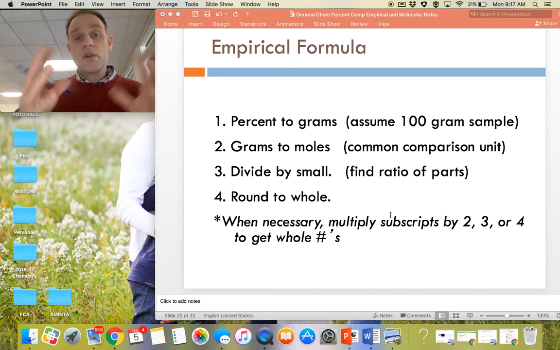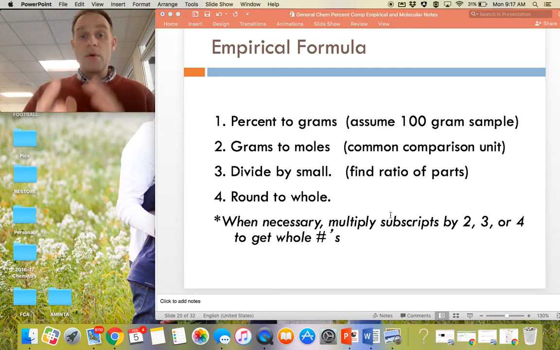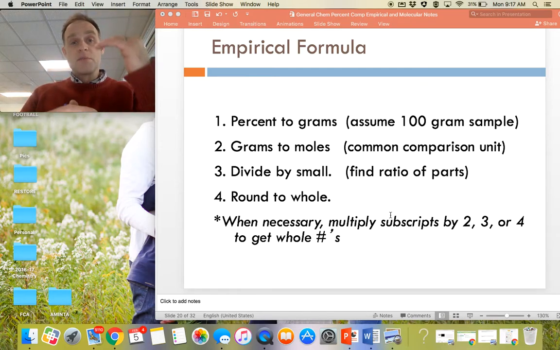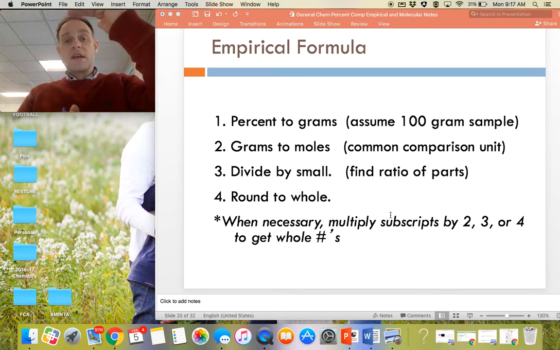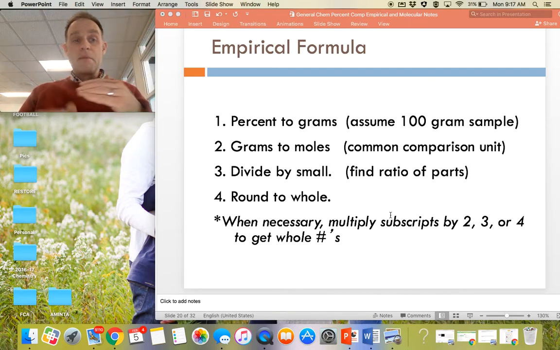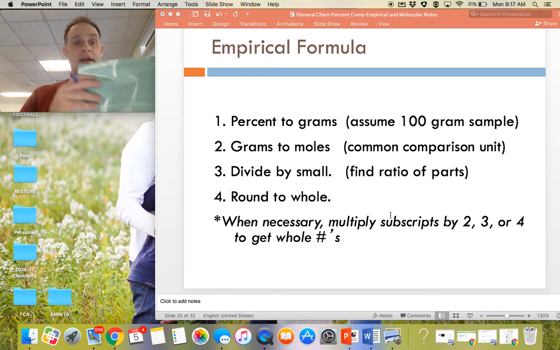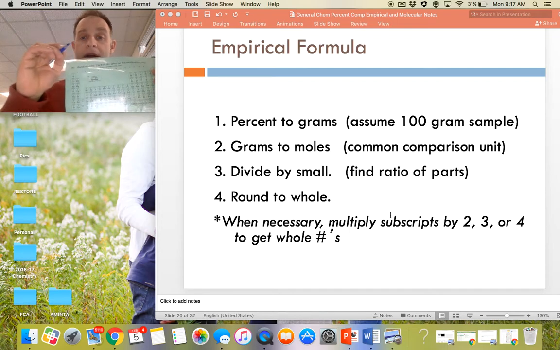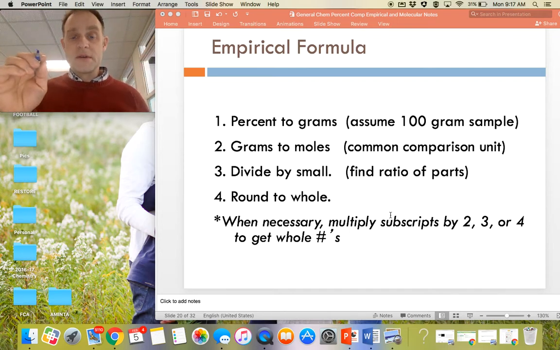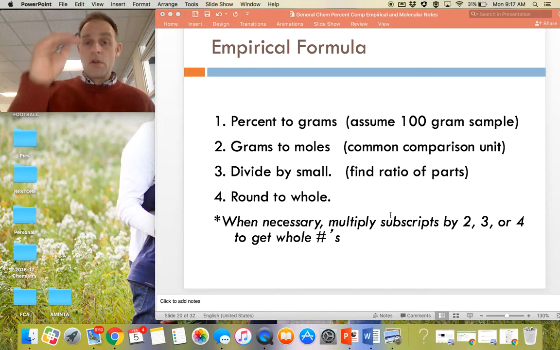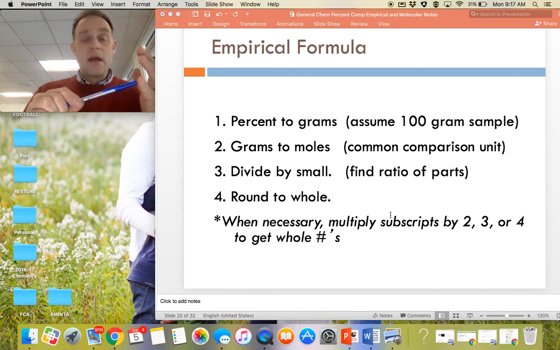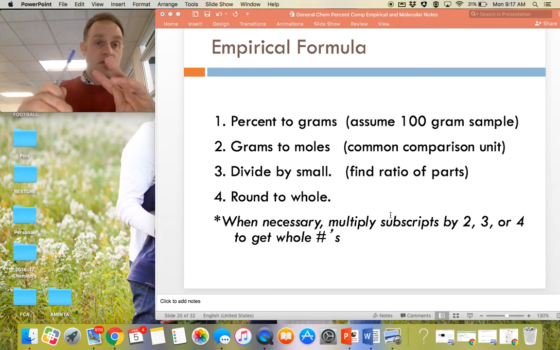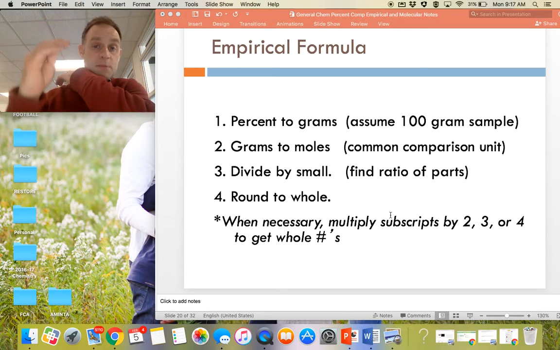Then you do one molar conversion from grams to moles. I multiply by my fraction, with 1 mole on top and the grams on the bottom. I look at my periodic table and find the molar mass, and that's the grams on the bottom. That gives me my amount in moles. If I had 3 elements, I would have 3 mole amounts. I look at those 3, or 2, or 4, and say which one's my smallest number.